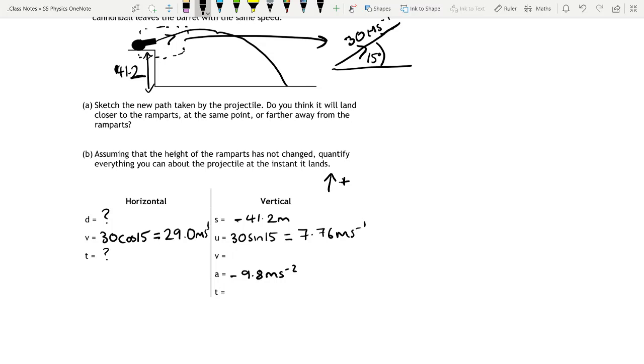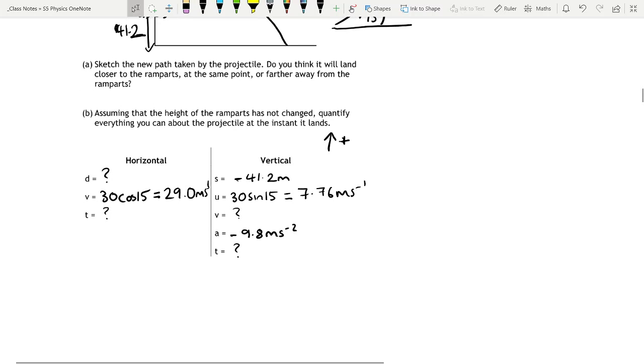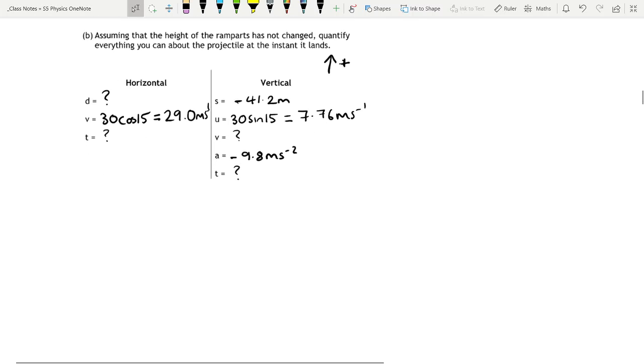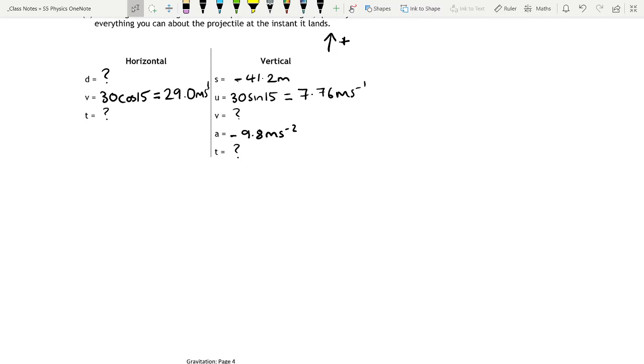We don't know anything about v yet, and we don't know anything about t yet, and we need t to go ahead and find the horizontal distance. So what can we do? Well, we can use a couple of SUVAT equations to work out our vertical information. So to find v without t, we could use v squared equals u squared plus 2as.